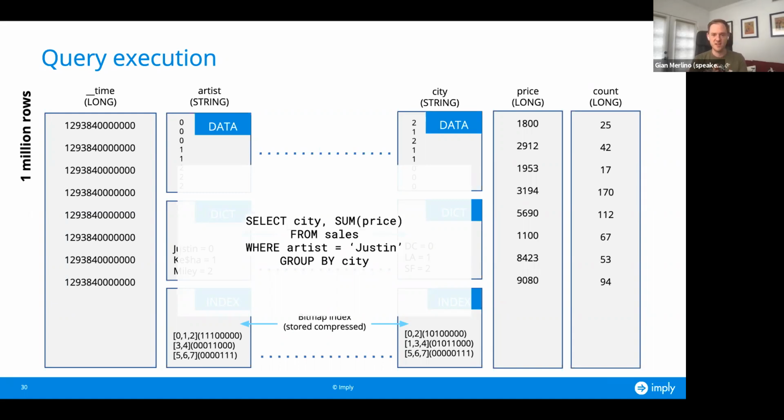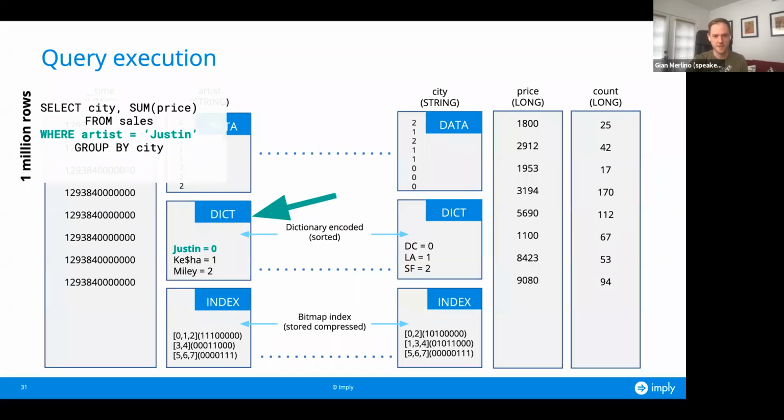So here's a query that selects city and sum of price, where artist equals Justin, group by city. So we're going to get the total amount of money spent on tickets broken down by city for a particular artist. Relatively simple query.